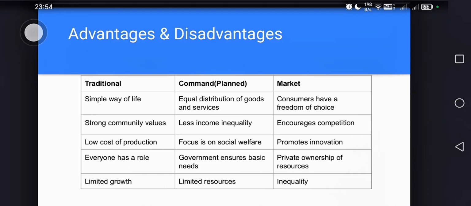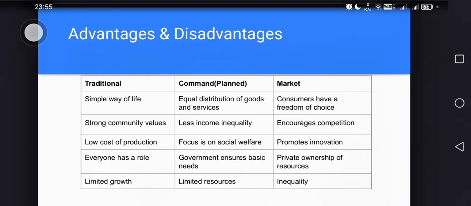Whether you are poor or you are rich, the government tries by all means to close that gap, so that the poor will have access to health, education, sanitation and clean water, regardless of their income. And the focus is much on social welfare.